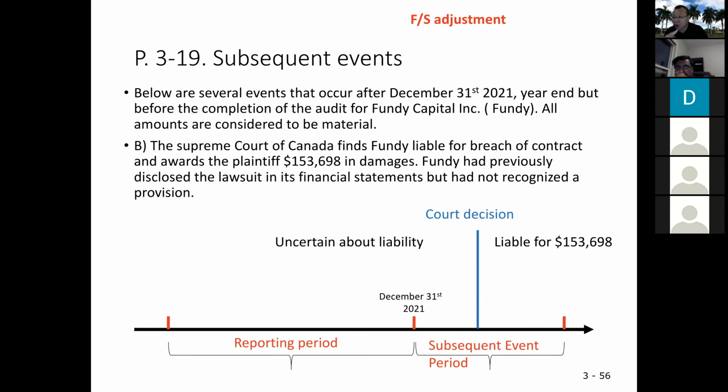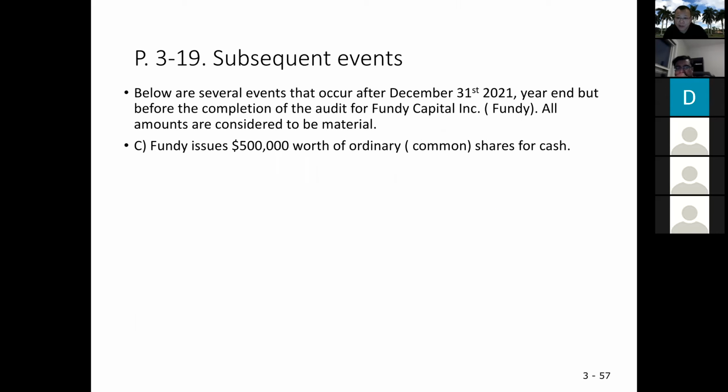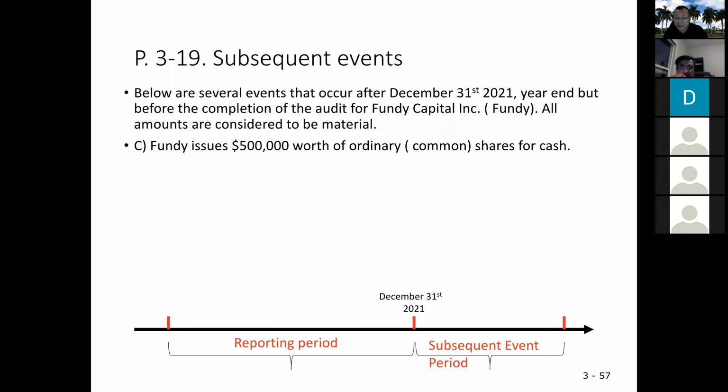Okay, let's do one more. We'll come back if you're still confused, okay? Fundy issued $500,000 worth of shares for cash. Here is the timeline, and here is the common share issuance. What are you going to do with this?